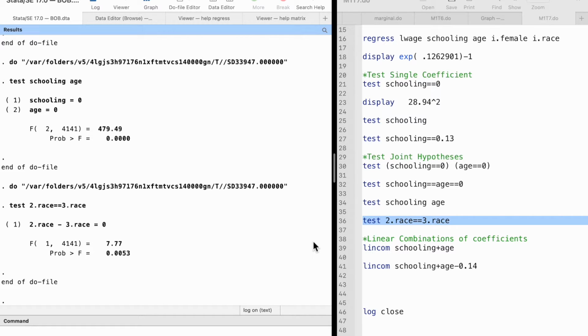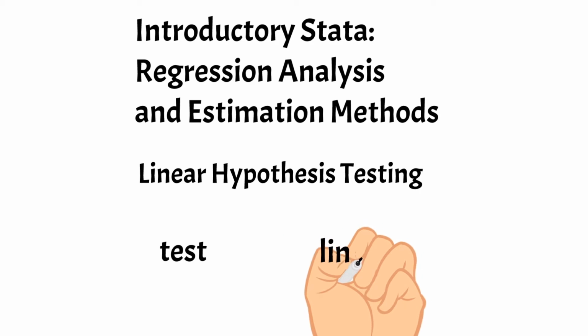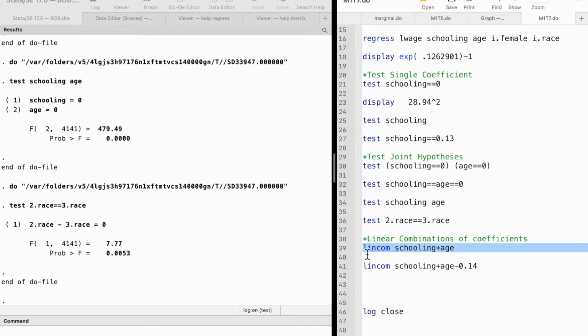Next, let's discuss another useful command for testing hypotheses. After fitting a model and obtaining estimates for coefficients, we can test the linear combination of the coefficients by using the command lincom, which means linear combination. If we want to know the total effects of education and experience on the hourly wage, we can type lincom schooling plus age.